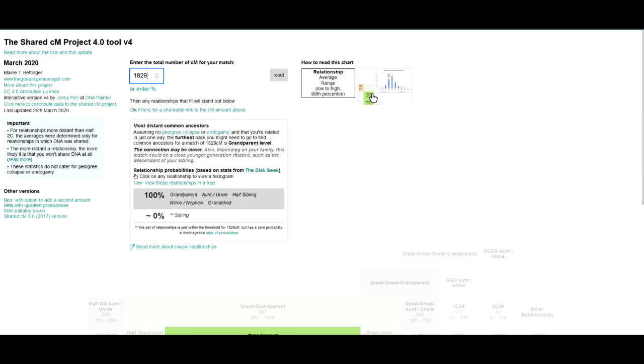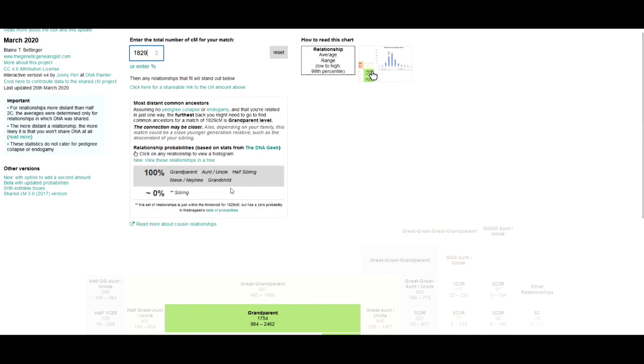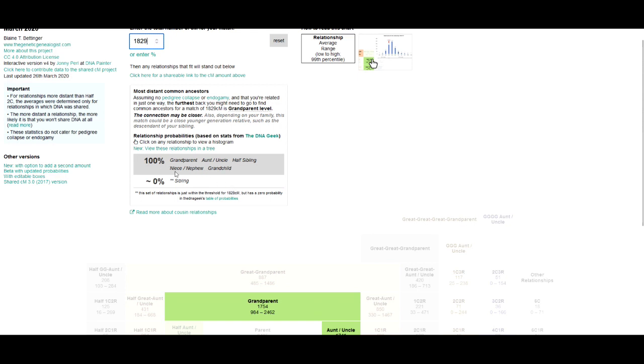And of course, me and my brother share grandparents. The connection may be closer, also depending on your family. This match could be a close younger generation relative, such as a descendant of your sibling. Relationship probabilities based on stats from DNA Geek, click on the relationship view histogram. So it's saying again, 100% is either a grandparent.